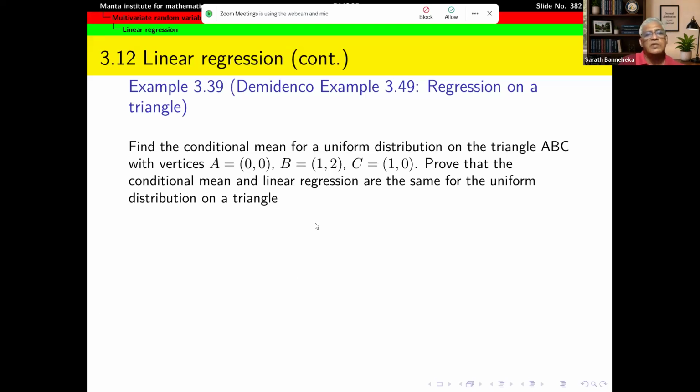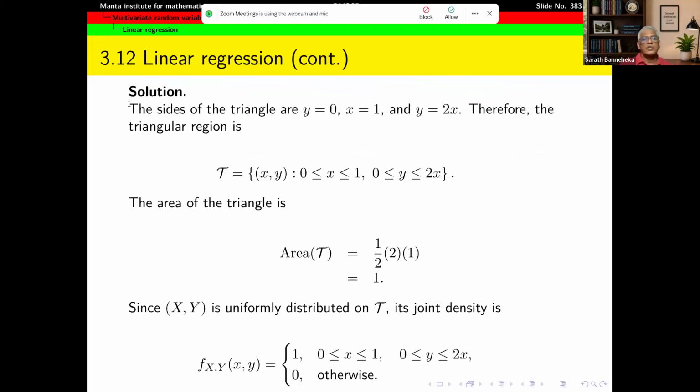We have already looked at this example in a previous video where we found the conditional mean and everything, so I'm going to directly use those results here. Here, the uniform distribution is defined on a triangle T given by these xy coordinates: x between 0 and 1, y between 0 and 2x.